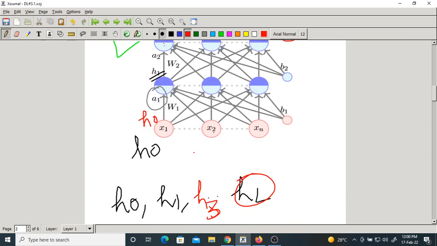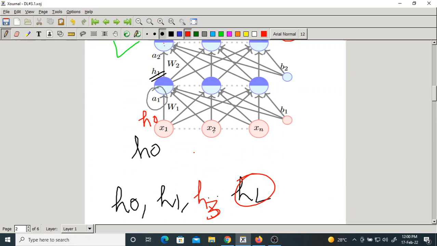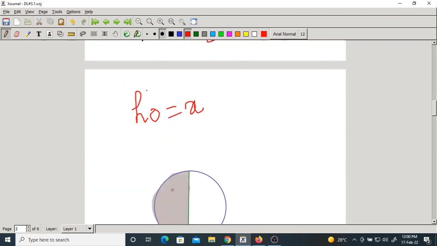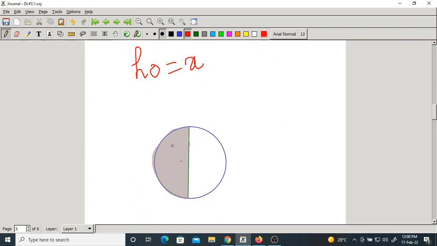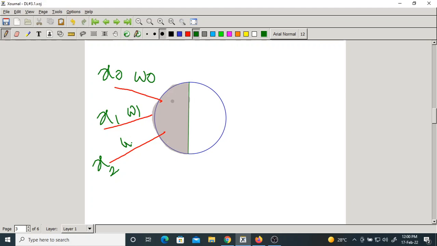Now, what is H1? Before that, what is A1? Generally, how do you write A1? Let me go back here. We have some inputs X0 and weight W0, X1, W1, X2, W2.